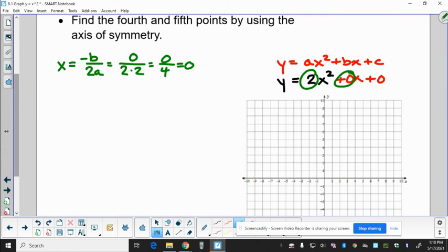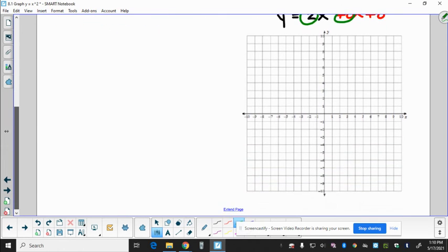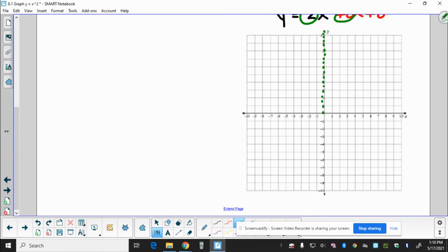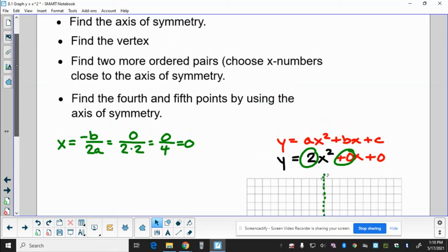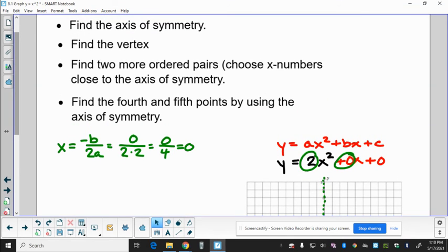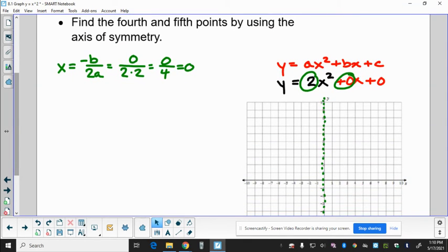The axis of symmetry is the line x equals 0. Looks like the one we did before, right? So that means this parabola will be symmetric on both sides of that line. Find the vertex. All right, so now we want to set up a table of values. Put my function in here.